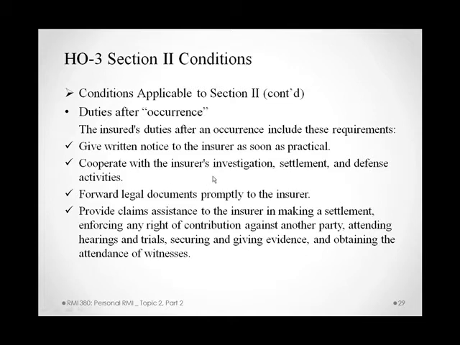However, some additional duties include your cooperation with the settlement and the defense activities, and you also have to forward legal documents properly to the insurance company and provide claim assistance in making the settlement, enforcing any right of contribution against the other party, attending hearings and trials, securing and giving evidence, and obtaining the attendance of witnesses.